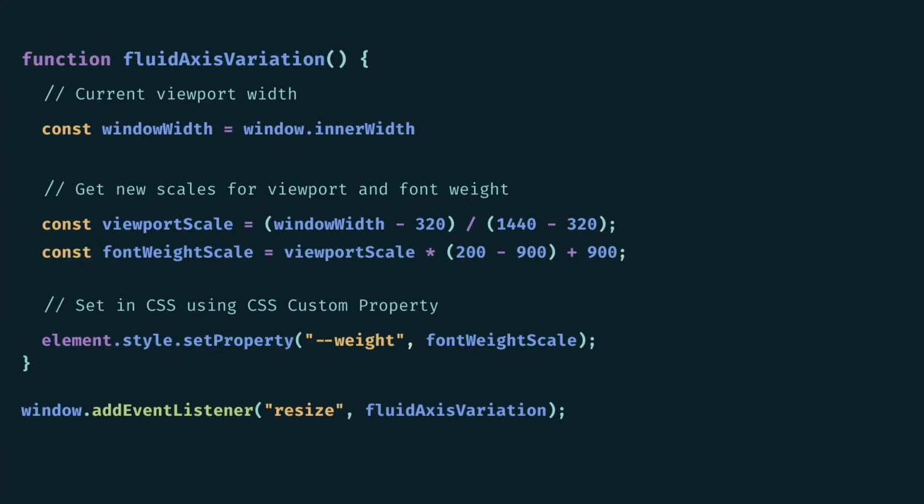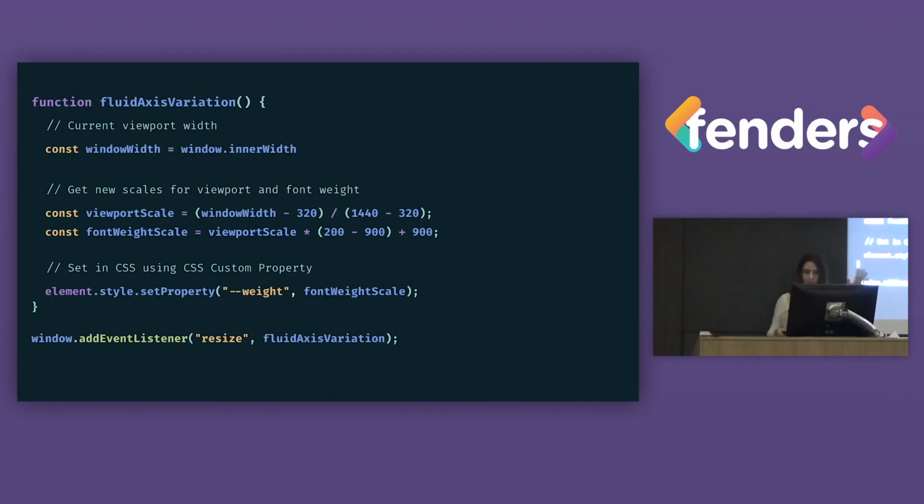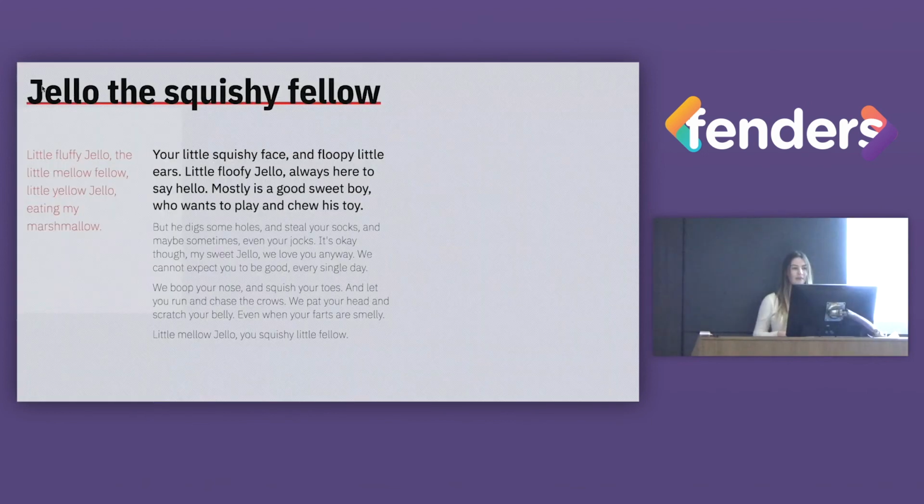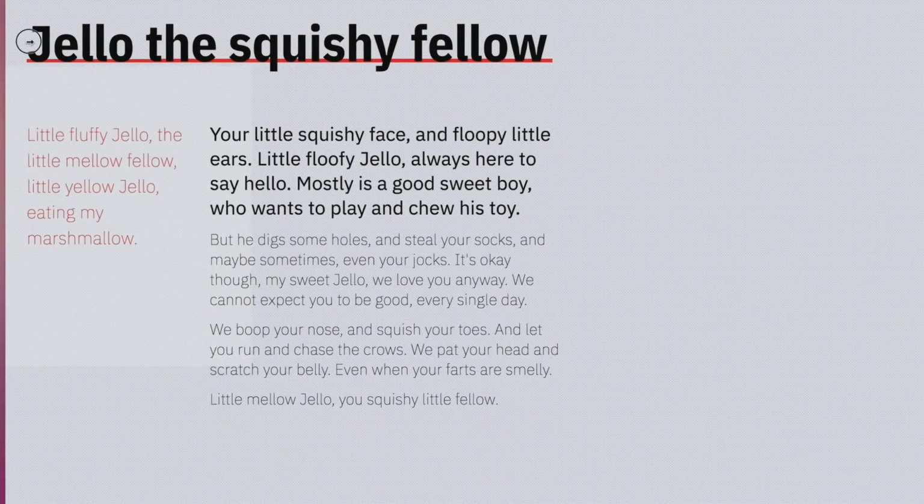When we put that all together, you can chuck that in a function, and then you can attach it to an event listener like resize, and then whenever the browser resizes, it's going to update the font weight using the custom property. Obviously, there are ways to optimize this and stuff, but in its simplest form, this will give you a fluid variation attached to the viewport width. And that might look something like this.